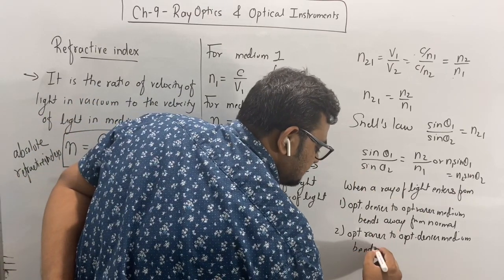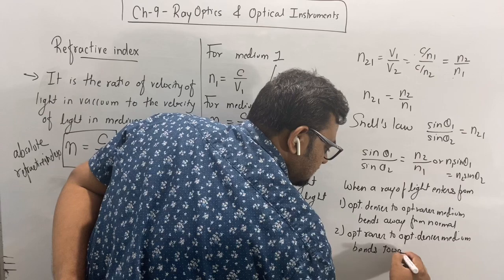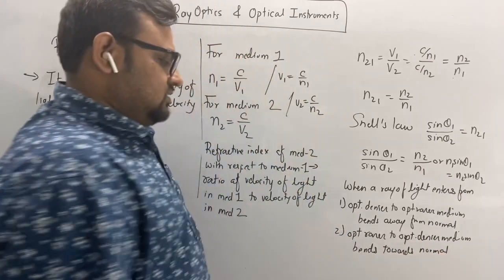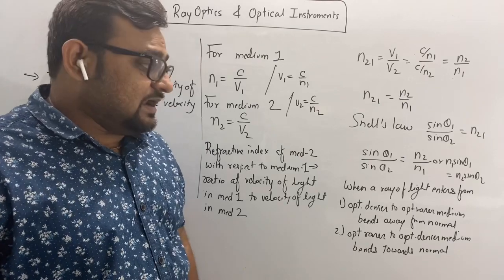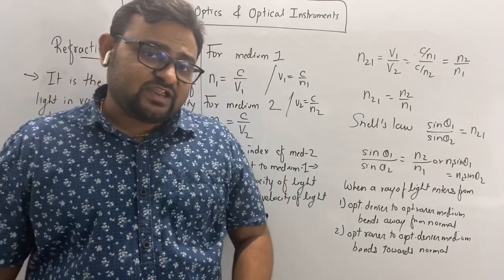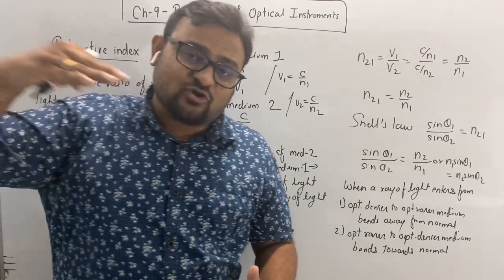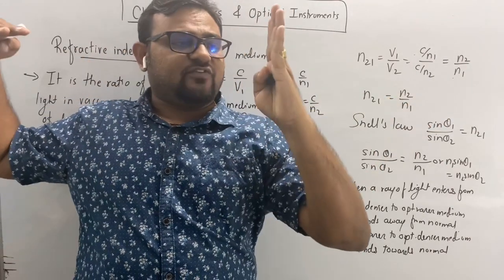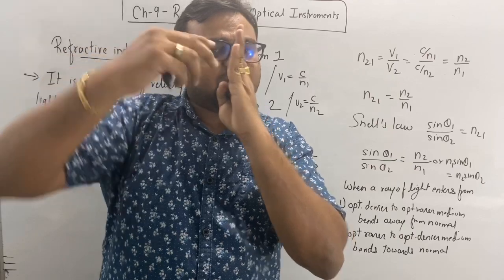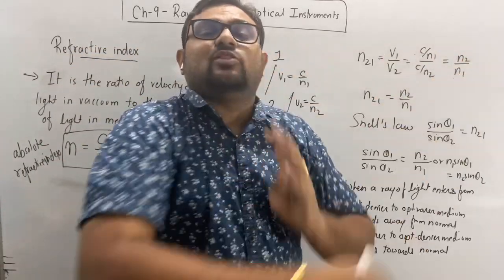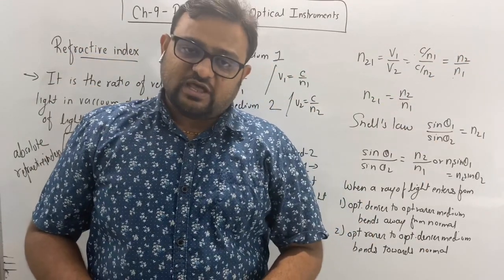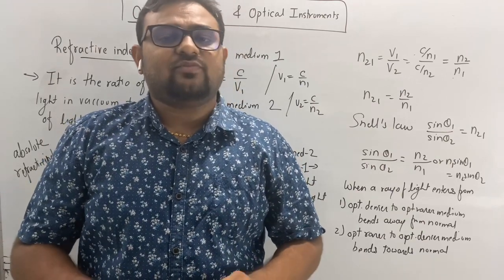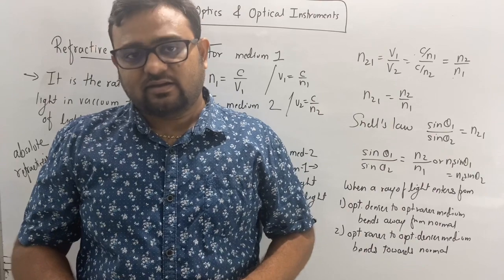It bends towards normal. And one more point, if the ray of light is in the direction of normal, it will move in the same way. It will not bend.